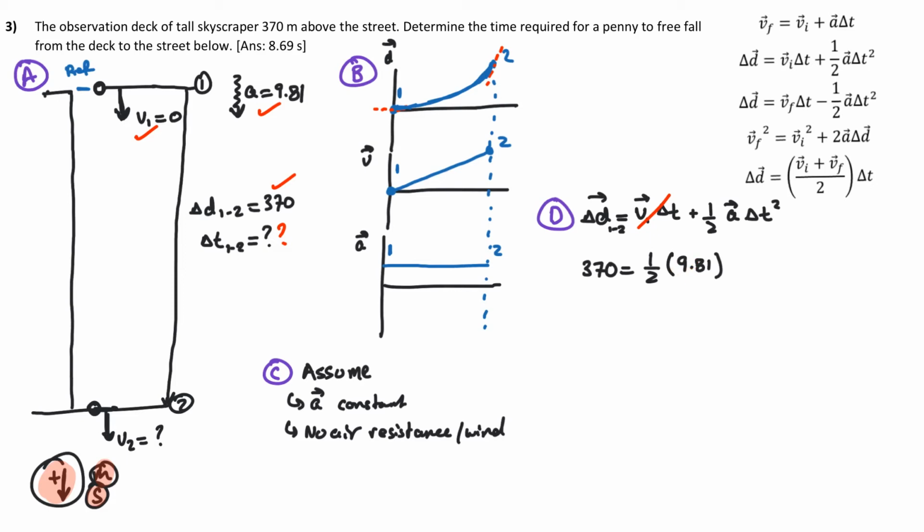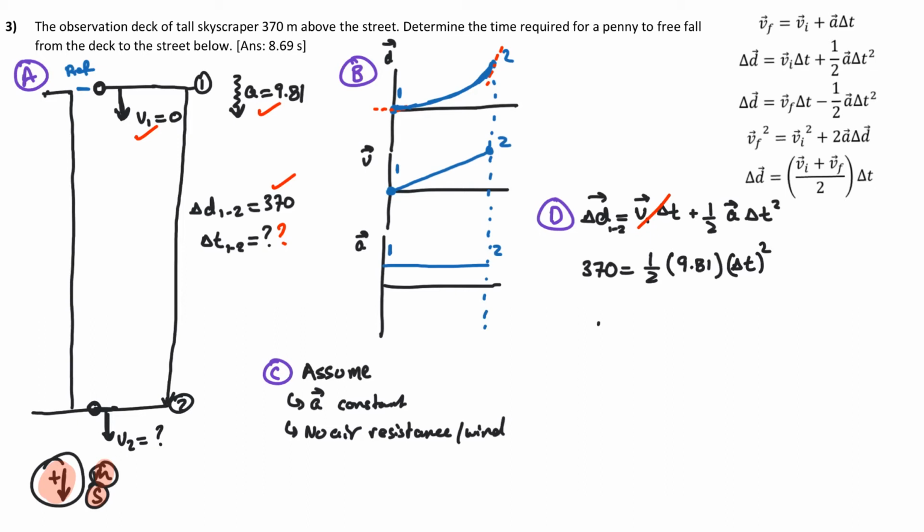If they don't match, we use negative. And then is the change in time. Change in time from 1 to 2, that's the only non-vector quantity, so I don't have to worry about direction. That's going to be what I'm trying to find. So that's going to be the change in time squared.